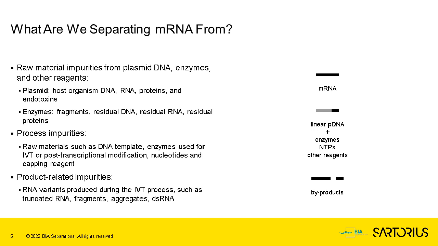So in the course of this presentation, we'll also meet some of these impurities which stem either from the raw materials used for producing mRNA, and that can come from the contaminants related to the plasmid, which is typically produced in bacteria, and so a lot of bacterial contaminants need to be considered when thinking about the purity of mRNA, as well as the impurities that are produced as part of producing the mRNA in the IVT reaction, and these are double-stranded RNA, can be RNA fragments, abortive transcripts, and so forth.